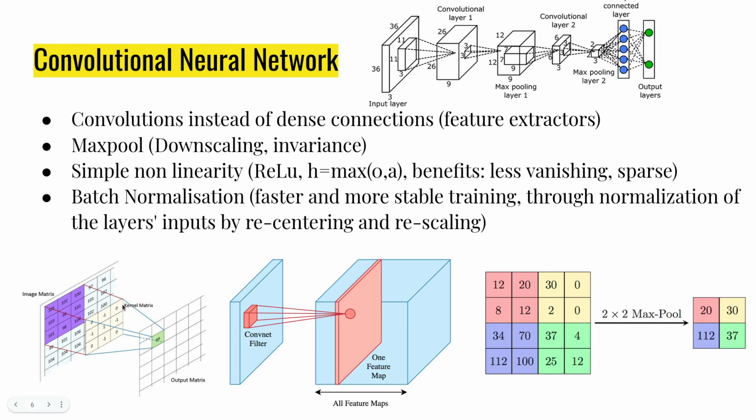This kernel is multiplied with every patch of the image, not the entire image. A patch of the image, let's say 3 by 3, and then we use the same weights for multiplication and addition. So basically convolution is a dot product.